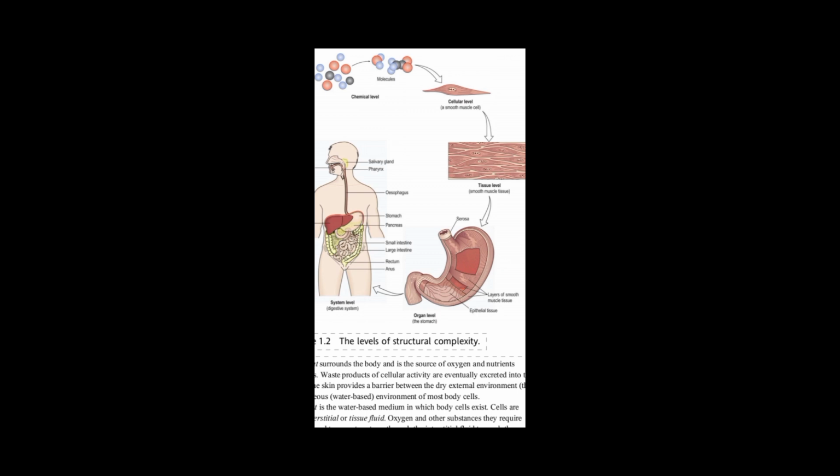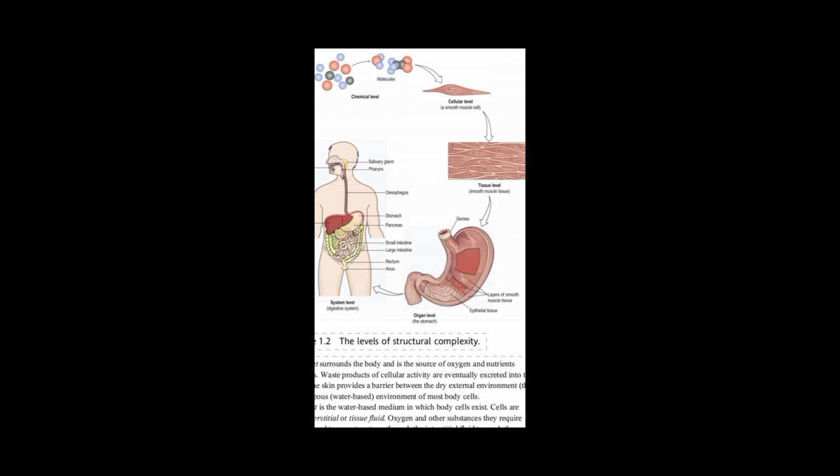If you now go to another system, for example, the bones, different cells combine to form the bone tissue. If we go to the musculoskeletal system, different types of muscle cells combine to form the muscle tissue. So we have different types of tissues in the human body.